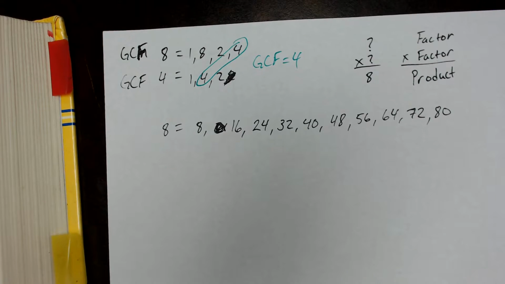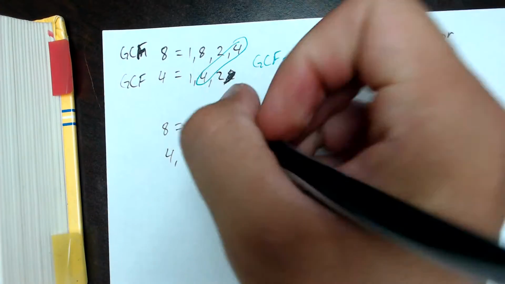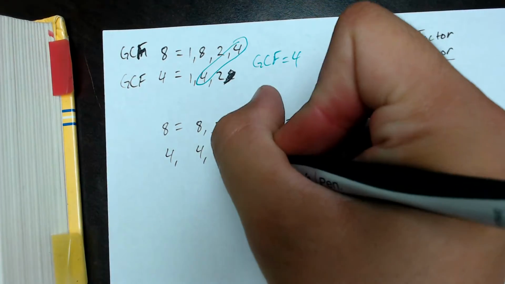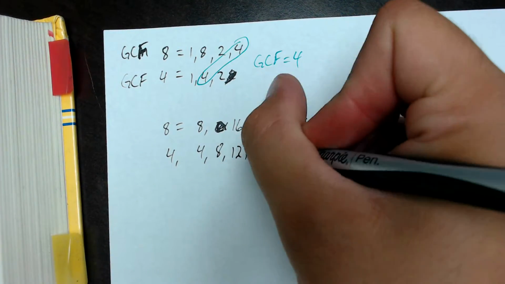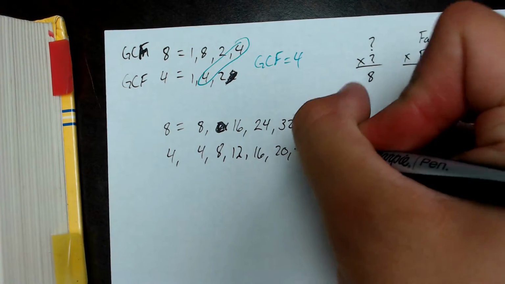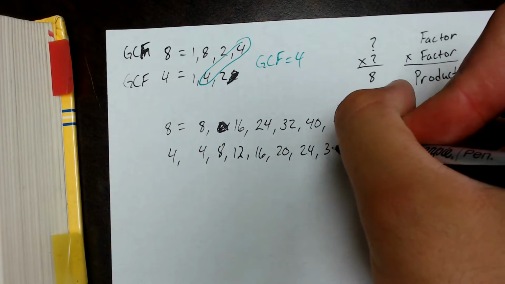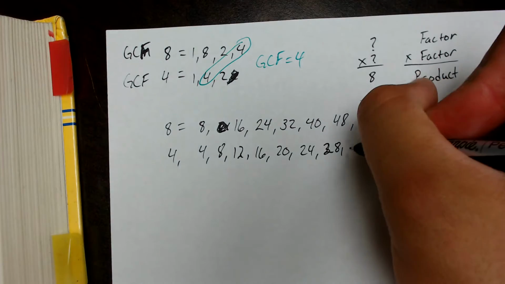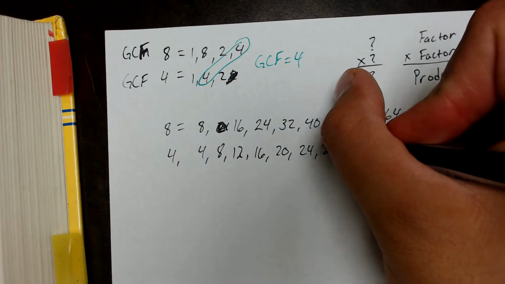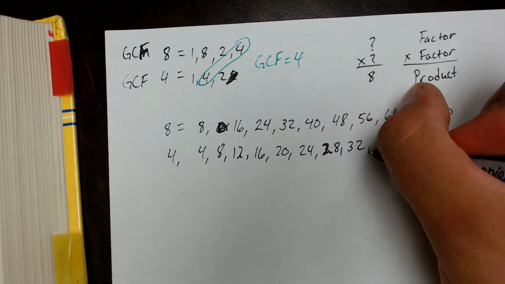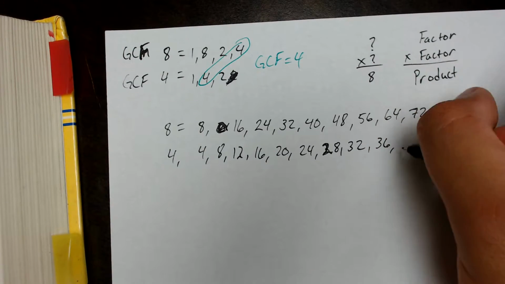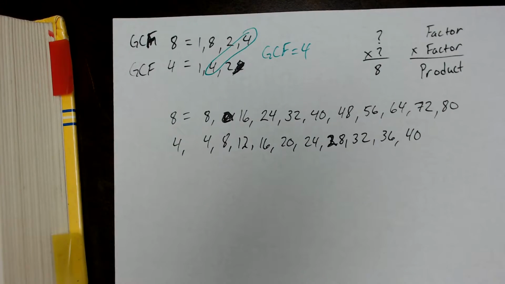Okay. Now let's talk about the multiples of the number 4. So multiples for 4 would be 4, 8, 12, 16, 20, 24, 28, 32, 36, 40, and I'll stop at 10 again, okay?